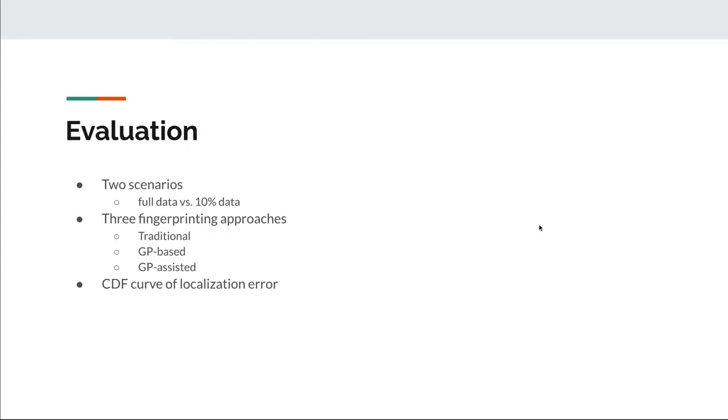Now that we have gone through the three fingerprinting methods, let's take a look at the evaluation of the localization performance. We are going to compare under two scenarios. One is full data, which means all the methods can see all the data available. And the other scenario is called 10% data.